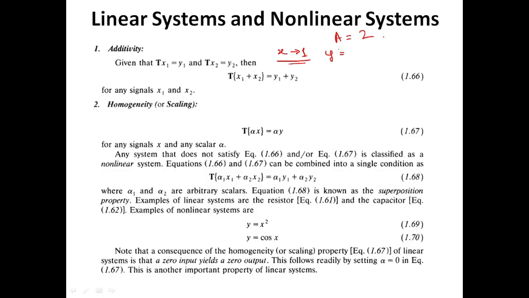The output we should get is 2, say y1. x2 is 2, so y2 would be 4. So y1 plus y2 equals 6.